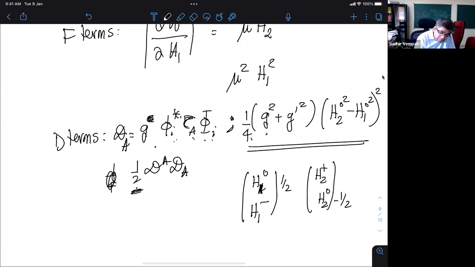Okay. So G square times half square gives me H2 0 square, and minus half square gives me minus. So there is a little minus sign between the H2 and H1 0. So that gives me this entire minus sign.